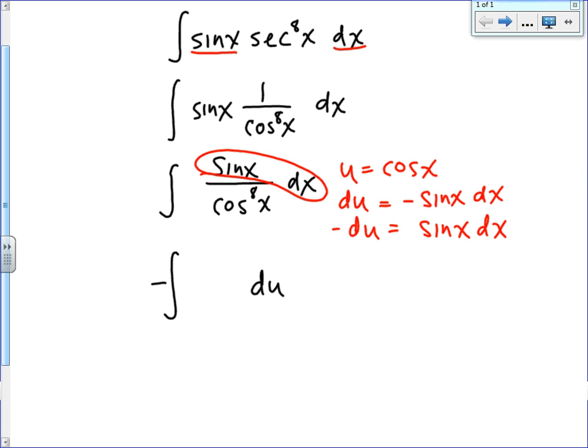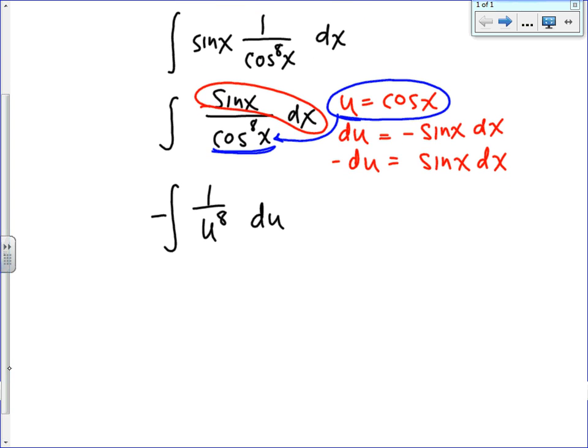And then what's left over is the cosine, this cosine here, which we've made a substitution of u. So we're going to say that that's 1 over u to the 8th. Okay. And so now we're ready to integrate here.